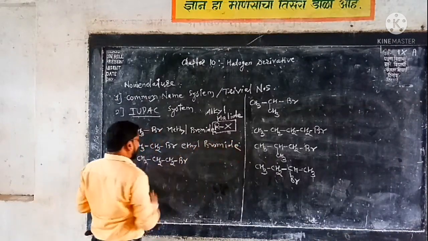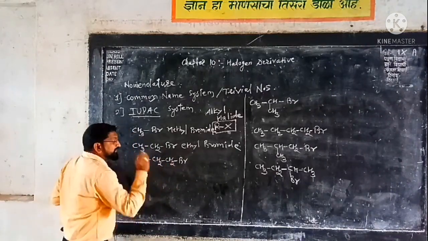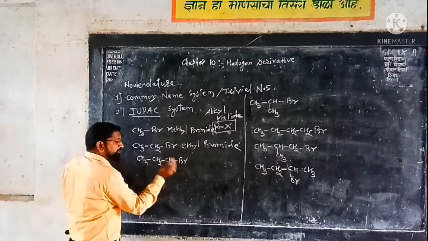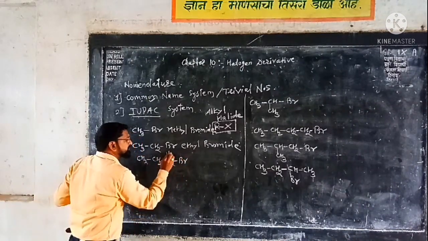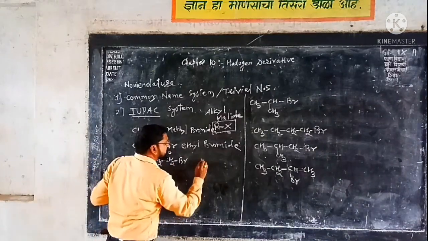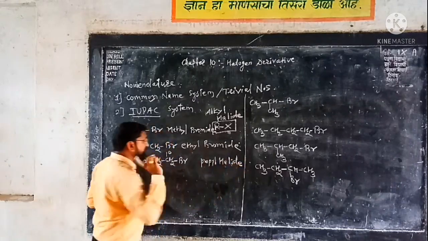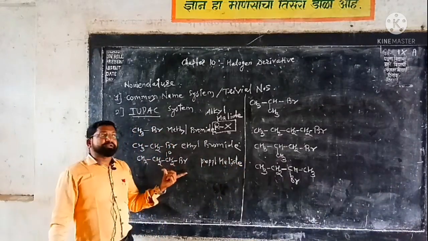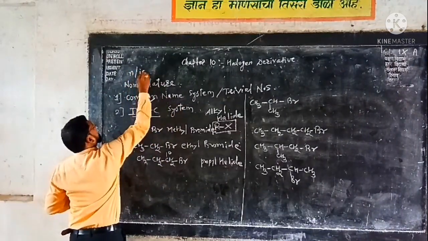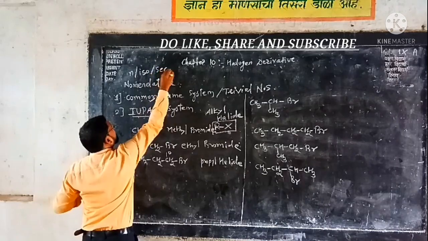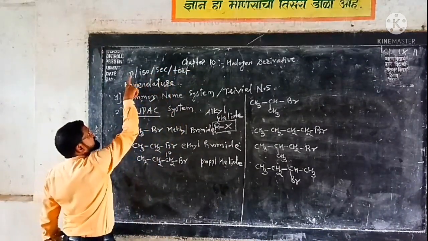Similarly, see here the classification: primary, again primary. The classification of an alkyl halide depends on the carbon atom to which the halide is attached. This is the primary carbon atom, therefore it is the propyl halide. But remember one case: from 3 carbon atoms onwards, you should apply prefixes like n, iso, sec, ter, etc. N stands for normal, meaning primary.